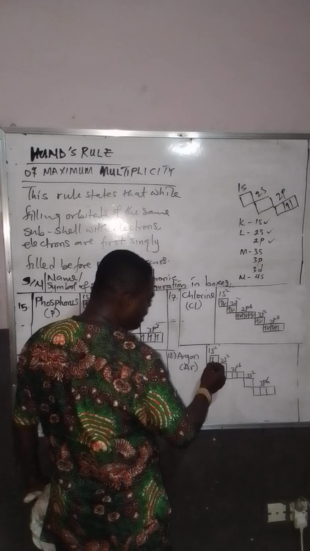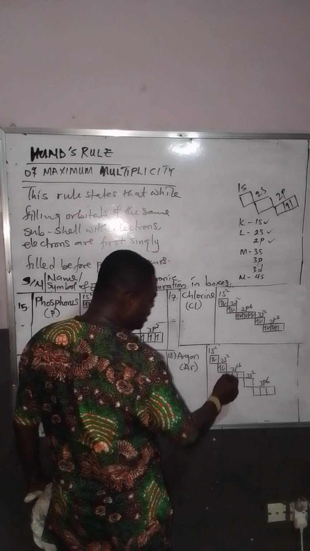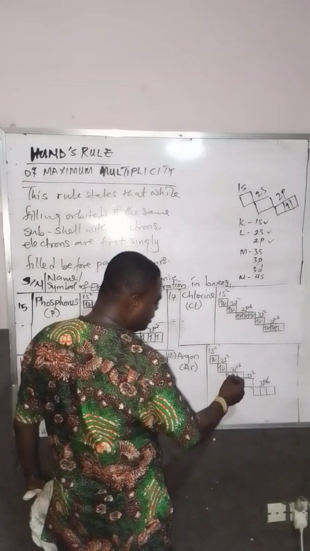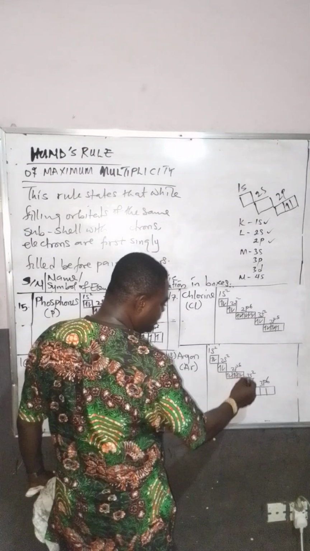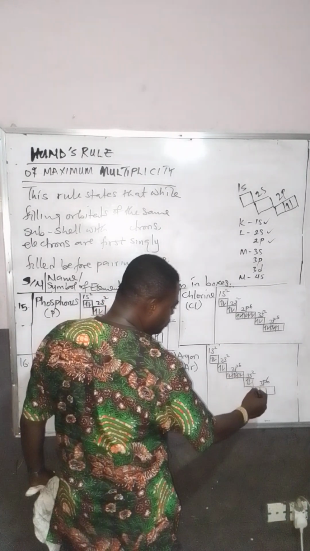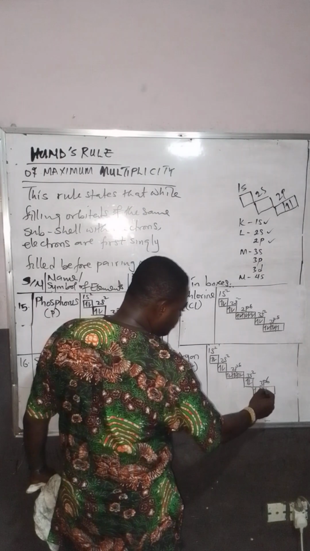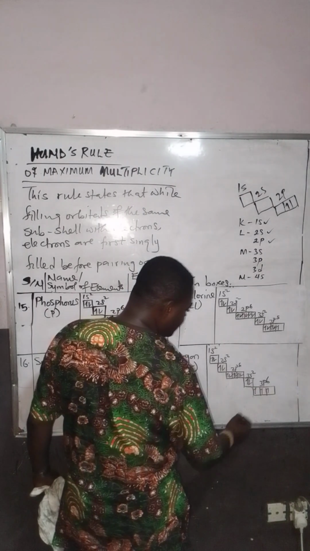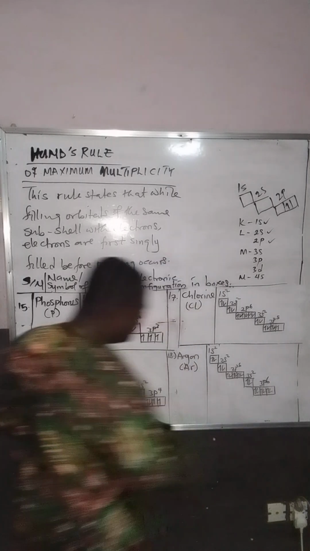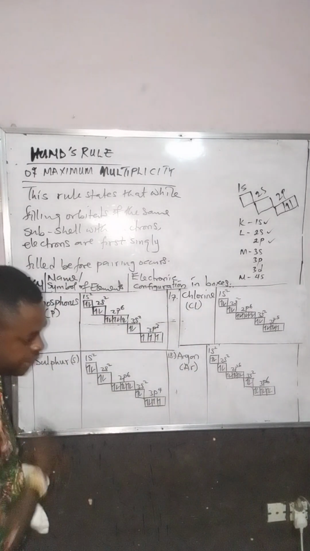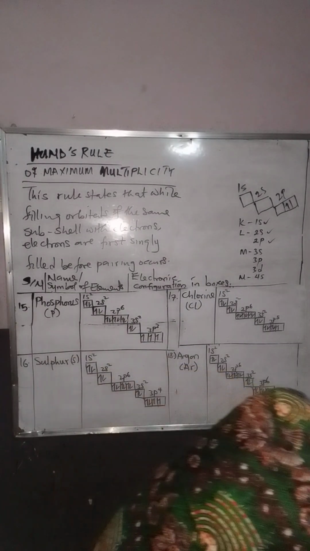So I put 2 electrons here, fill singly 1, 2, 3, 4, 5, 6. Then 1, 2, then 6, fill singly first, 3, 4, 5, and 6. And it's fully occupied.